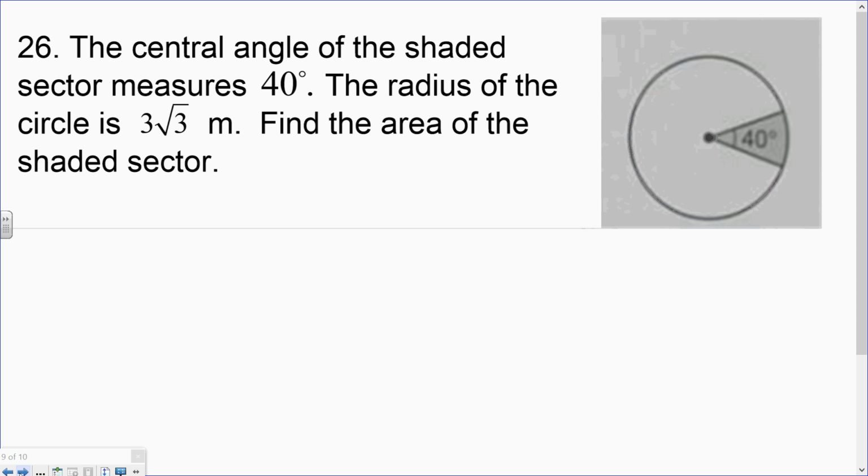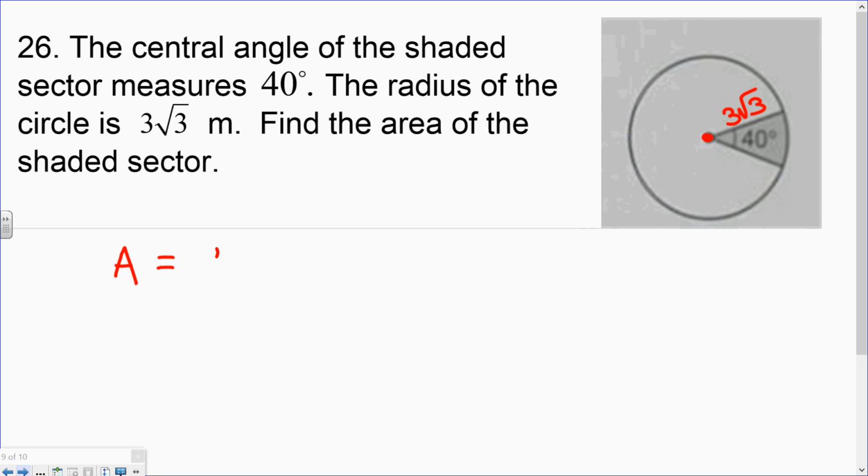Central angle means an angle where the vertex is here at the center of the circle. We know that that's 40 degrees, so we've got that 40-degree piece of pi. We know that the radius is 3 root 3, and we want the area of the sector.